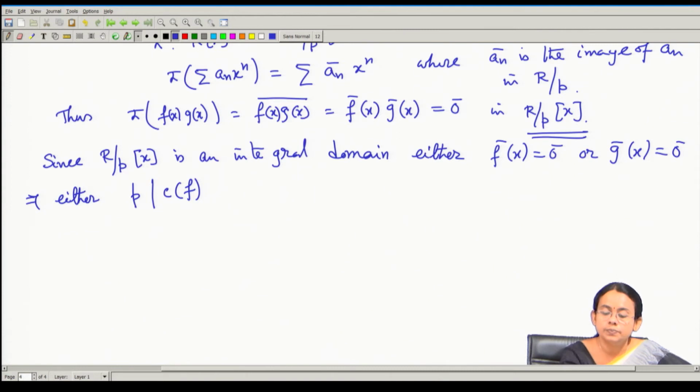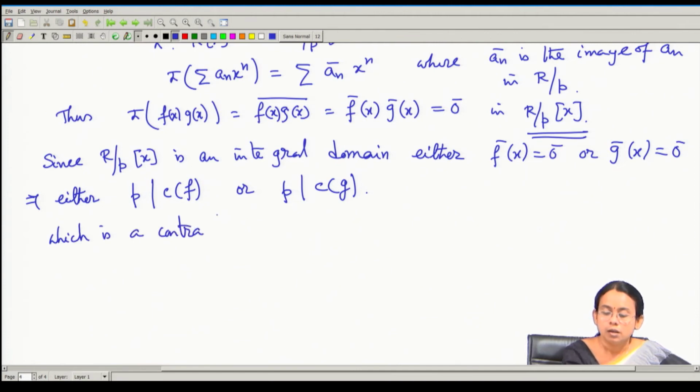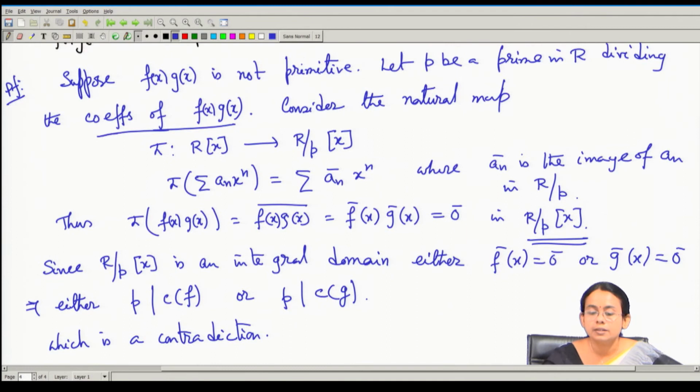So either p divides the content of f or p divides the content of g. But we already know that f and g are primitive, which means their contents are 1. So it is a contradiction. The contradiction has occurred because we assumed that the product f(x) g(x) is not primitive.